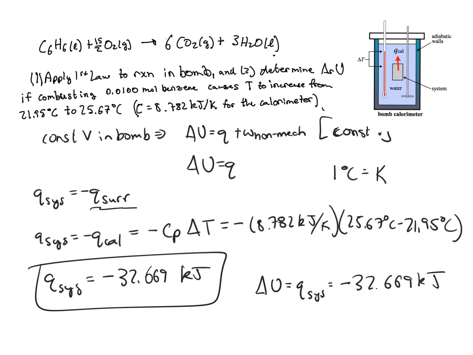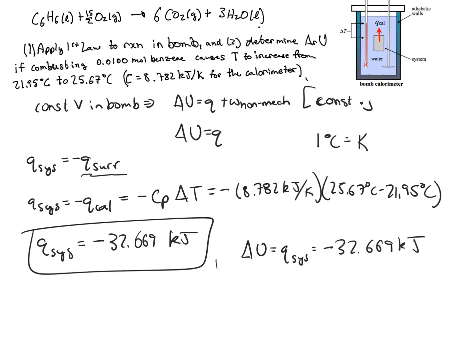Our final step is determining delta RU. So delta RU is an intrinsic quantity. It depends on basically the moles. The way this works, based on how the equation is defined, is that delta RU is basically what delta U would be divided by 1 mole of reaction.